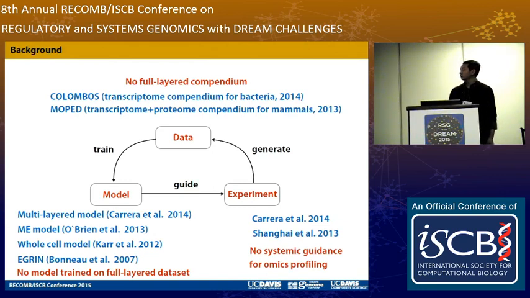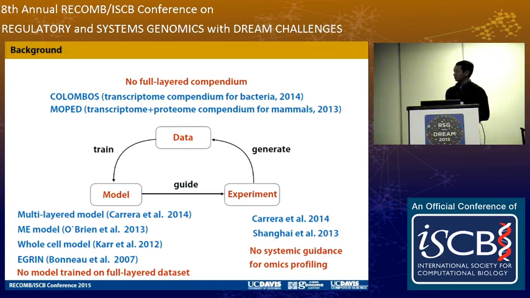For example, for the data challenge, we have very interesting compendia out there, for example, Colombos or MOPED, that integrate the transcriptome or proteome. But we still need to advance to integrate more comprehensive data that includes, for example, the metabolome, fluxome, as well as phenome data.